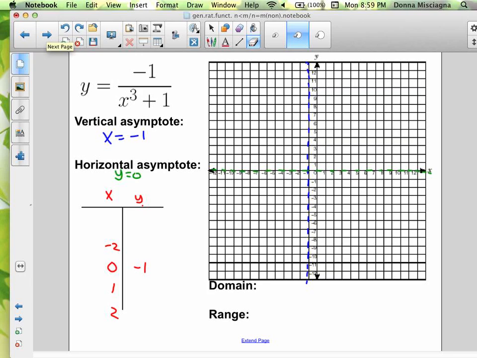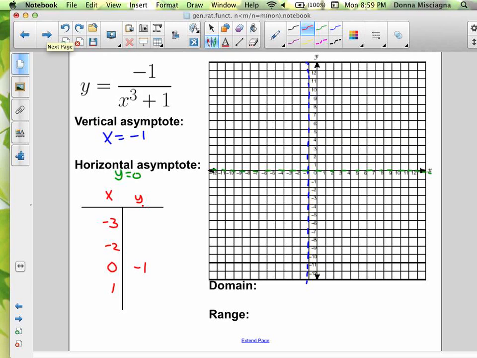Instead of using 3 values on either side, let's just use the minimum, which is 2 values on each side, because I think these values are going to get really, really small. So the minimum, if we have one vertical asymptote, is 4 points.